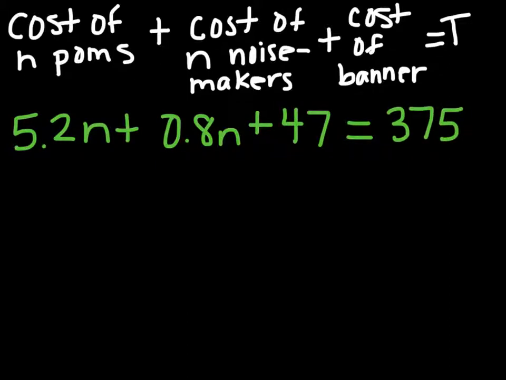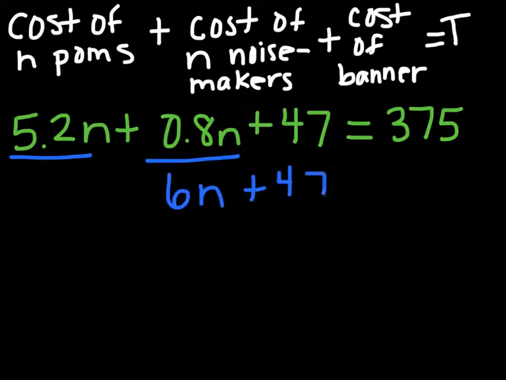The first thing we need to do is to combine our like terms. We have two n's in this equation, so we can add 5.2n to 0.8n, giving us 6n, plus 47 equaling 375.